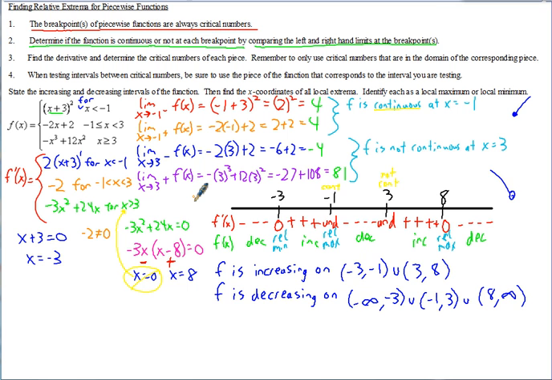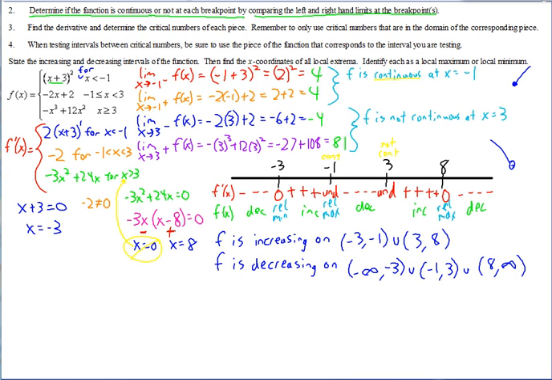All right, so finally, let's write down the x coordinates of our relative extrema there. Local minimum, local max. So we can say f has a local minimum at x equals -3, and f has local maximums at x equals -1 and x equals 8.